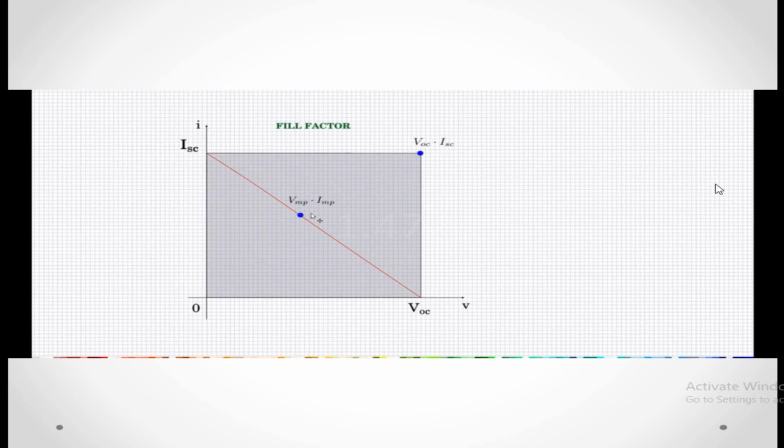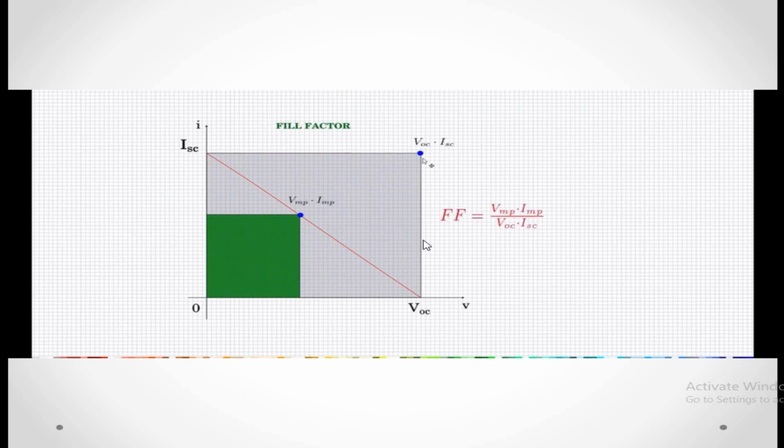The practical region of operation will be like this; the green color box indicates the practical operating region. That means the theoretical value is very large and the practical value is very small. Because we are finding the fill factor as the practical value, the green color value, divided by the gray color value, the denominator is higher, so the fill factor will be lower, and the performance of the PV cell is lower.